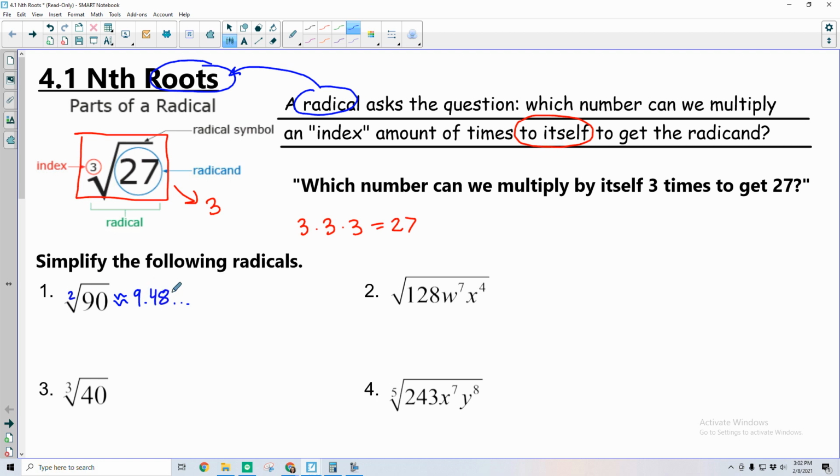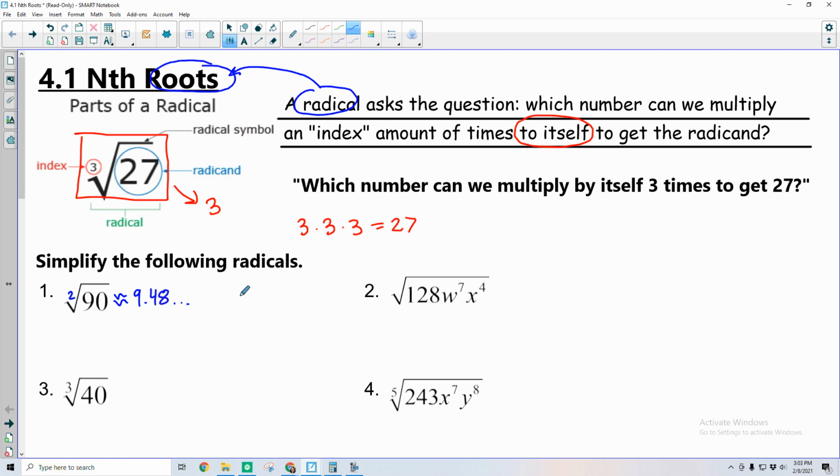If you take 9.48, maybe round it up to 9.49, and multiply that by itself twice, so 9.49 times 9.49, you get a number that's really, really close to 90. It's not exact because we had to cut these decimals off at some point, but if we had all of the decimals that went on and on and I multiplied that by itself, I would get exactly 90.